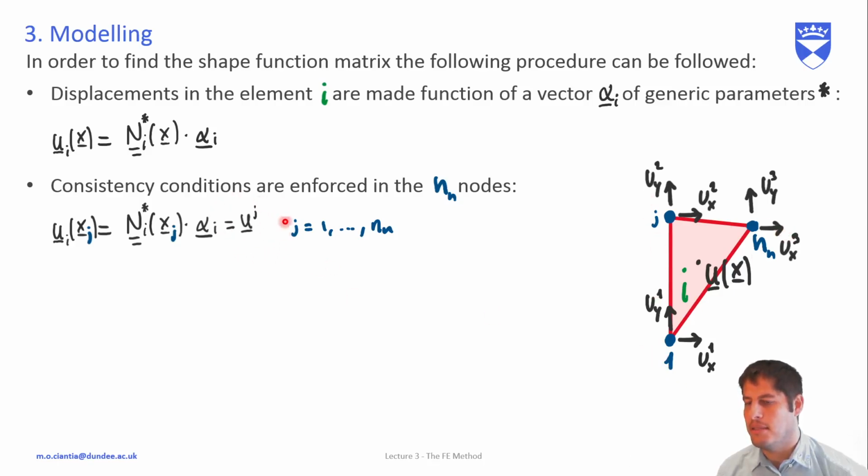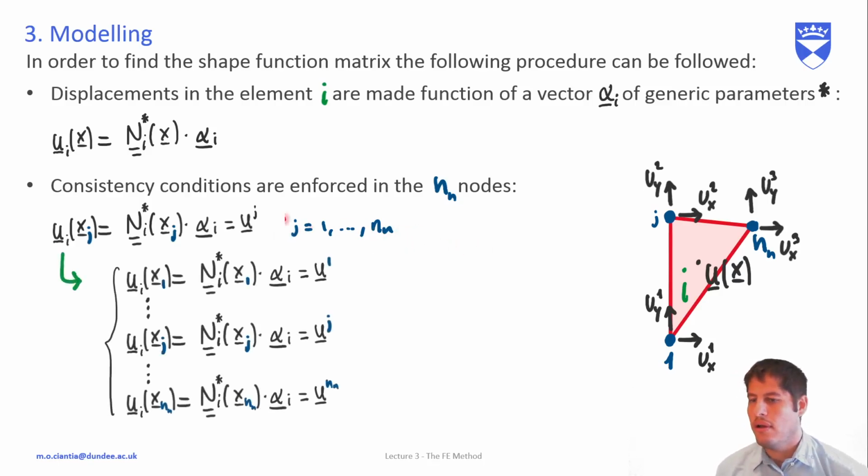It is the nodal displacement vector of element I at the nodes 1, 2, and nn. So writing this down explicitly, we have u of element I at the location x1, where x1 means x and y, because it is still a vector, equal to N star in that position times alpha I, etc.